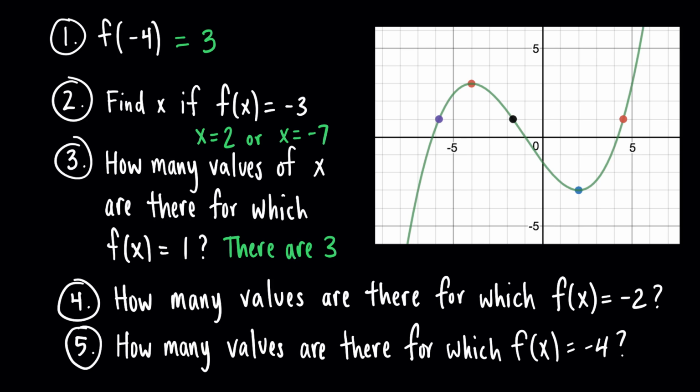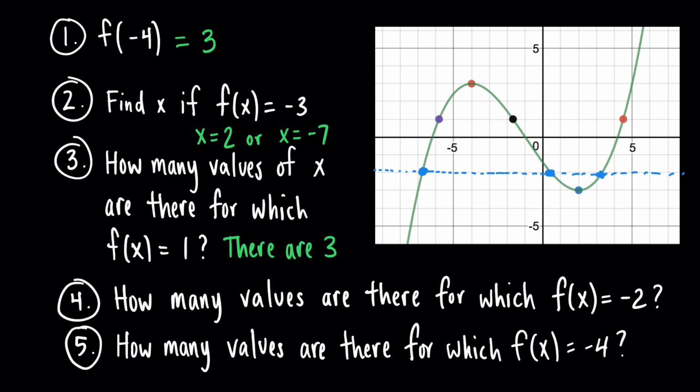I try to imagine a line when the output value is negative 2. So if you imagine a line going across here, anywhere where this green function crosses that blue line, we have a point. So there's one specifically here, there's another one here, and there's another one here.